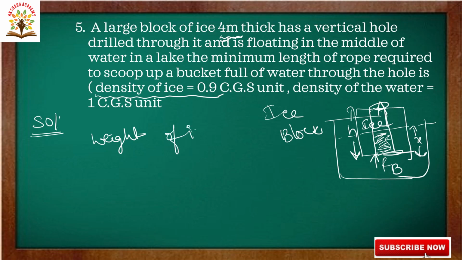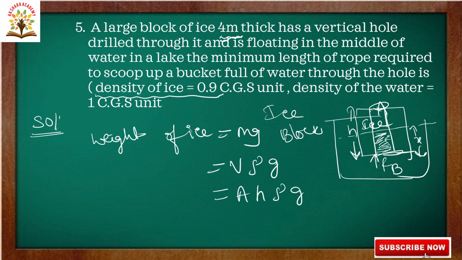Now we are calculating the weight of ice. Weight of ice is equal to mg, that is equal to V into rho into g. So that is equal to volume, nothing but area into height, into rho into g.